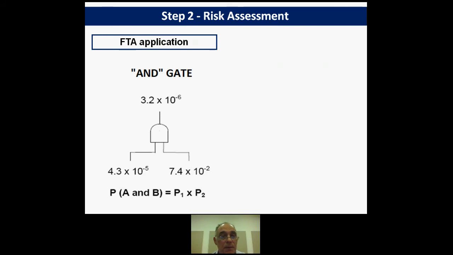There we are in terms of an AND gate. What we have is the multiplication of the frequencies. Both A and B must occur. This is not a likely scenario, but it's necessary for both of the causes to be there.